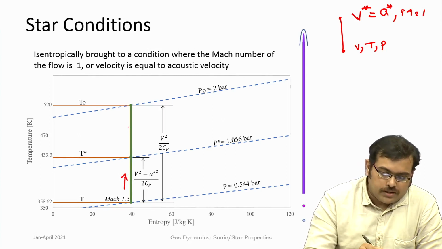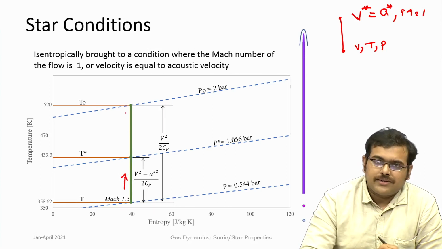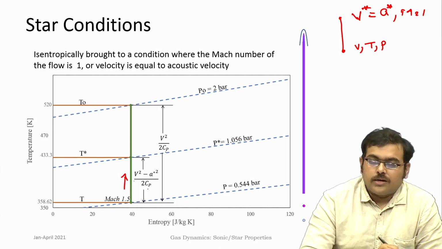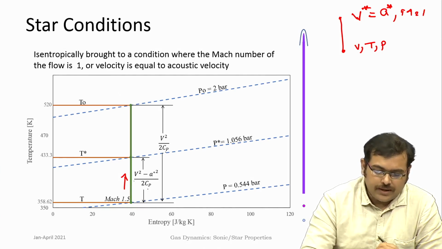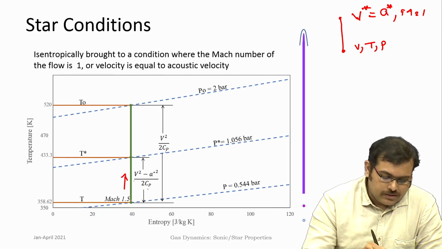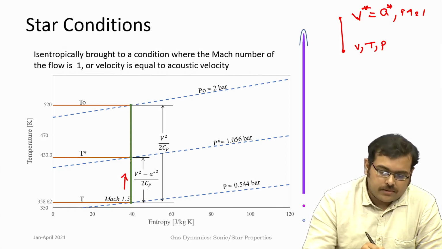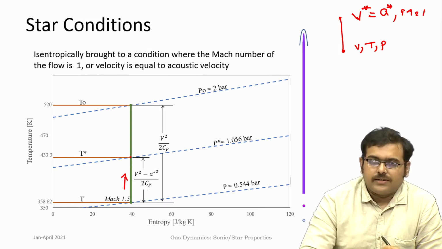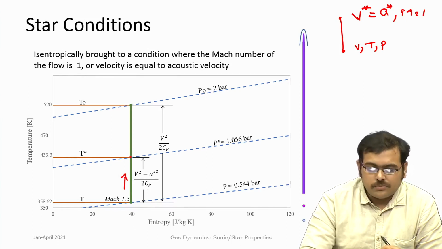Stagnation temperature also is a deceleration of the flow to 0 velocity, while for this sonic or star process, it is moving towards the sonic condition where the Mach number will become equal to 1.